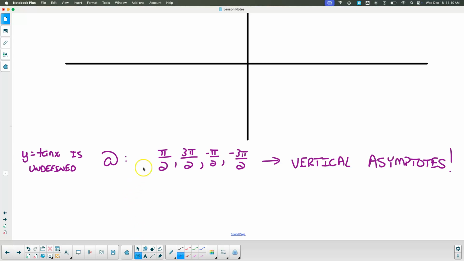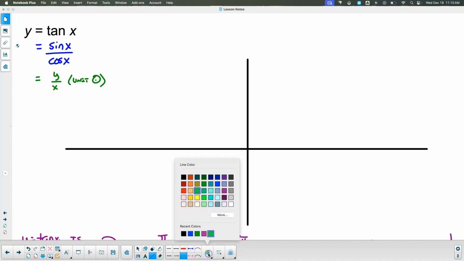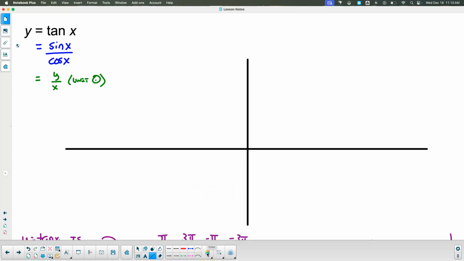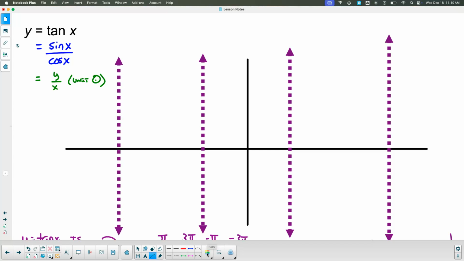So let's go back up here to our graph then. That says we have a vertical asymptote at pi over 2, 3 pi over 2, negative pi over 2, negative 3 pi over 2.